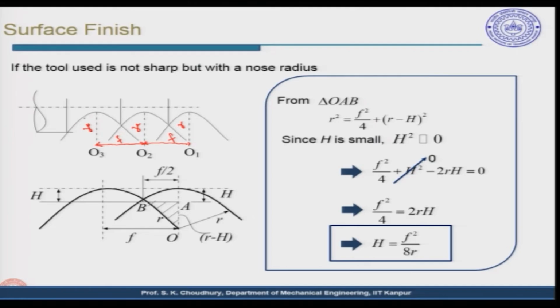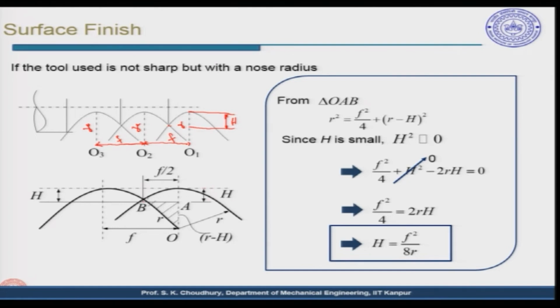Now, if we take this and exaggerate it, the h, the undulation or the surface roughness, will be here. This is what is shown here: h is from the peak to valley.